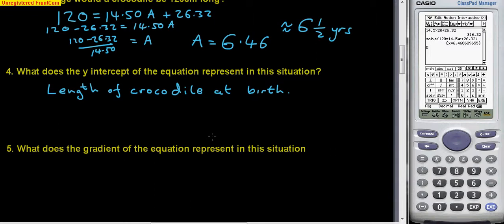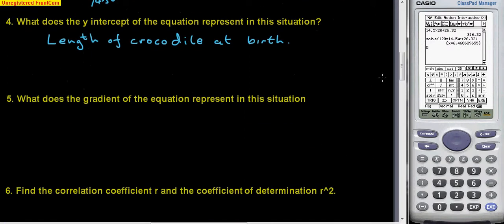The next bit: what does the gradient represent in this case? Gradients can be a little bit tricky. A gradient is a rate of change. It is something per something.